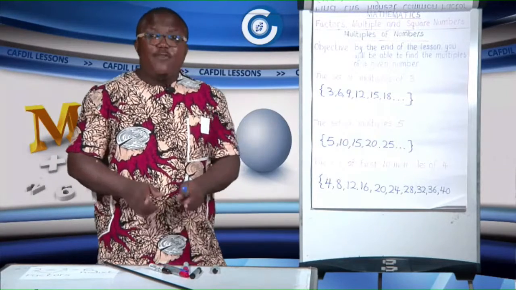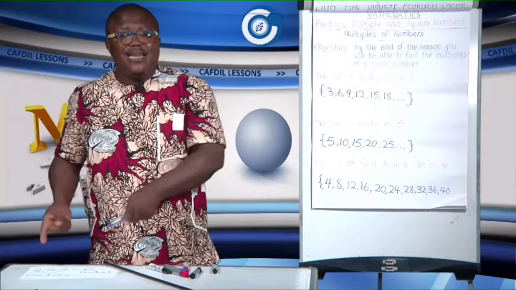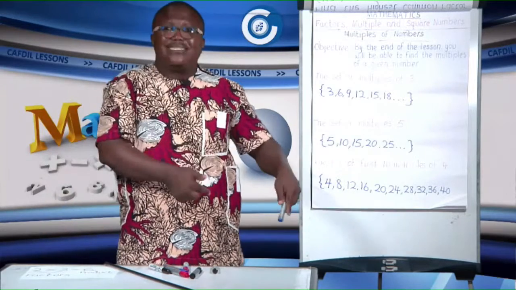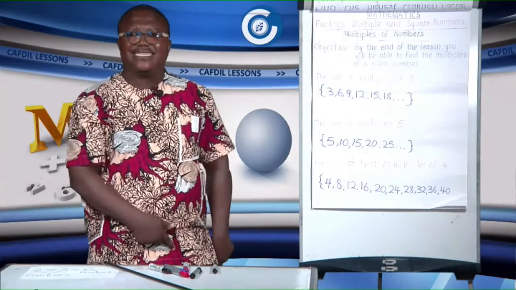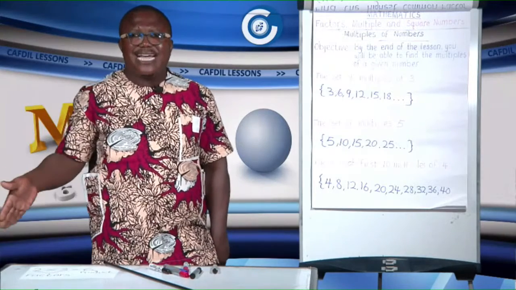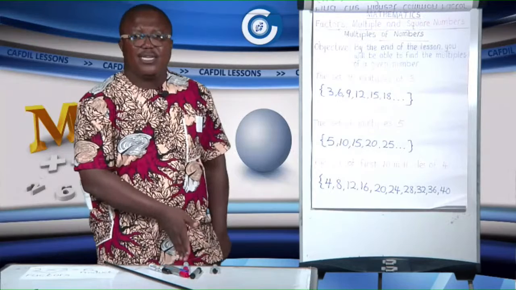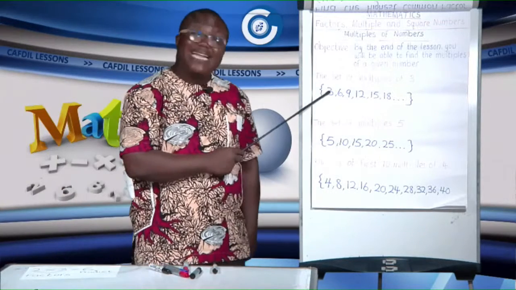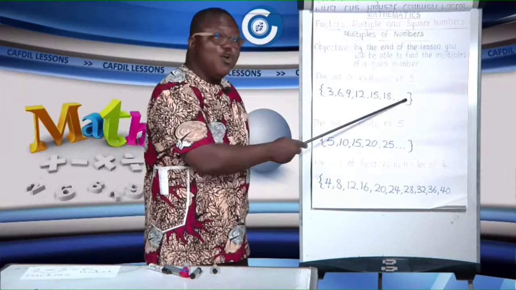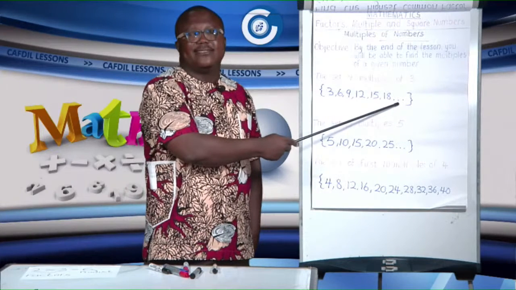Here, they gave you where to start and then where to end. So this is a finite set. This is a finite set because it has a starting point and an ending point. But the first one had a starting point but no ending point.